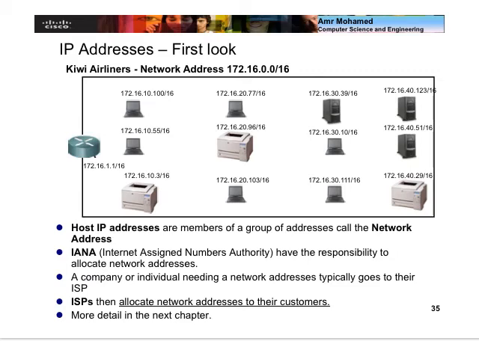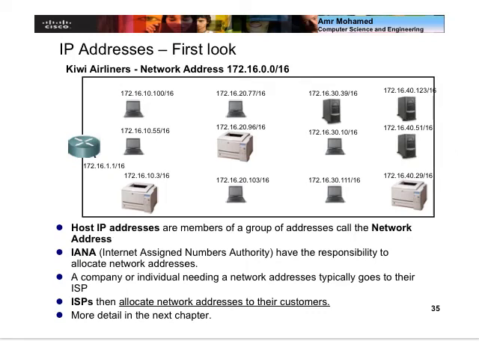So what happens is that, if you remember, we discussed in the first part of the course the hierarchy of the internet, and we said that there is a tier 1 service provider, there's tier 2 service. You have to have this hierarchy in the internet in order to provide scalability. So IANA deals with tier 1 service providers. They tell them, okay, we can give you this range of IP addresses.